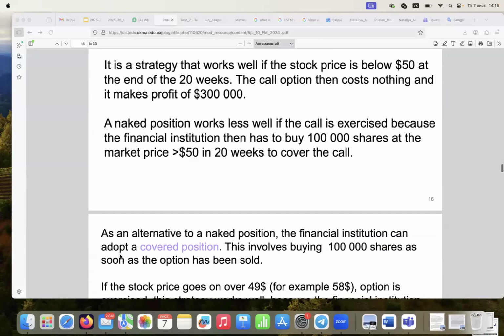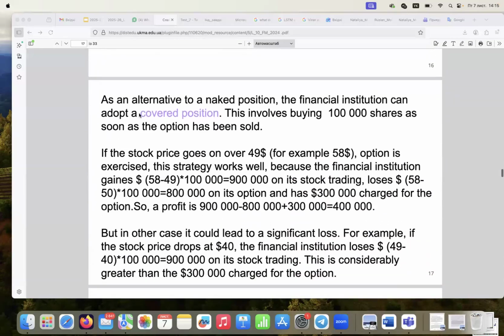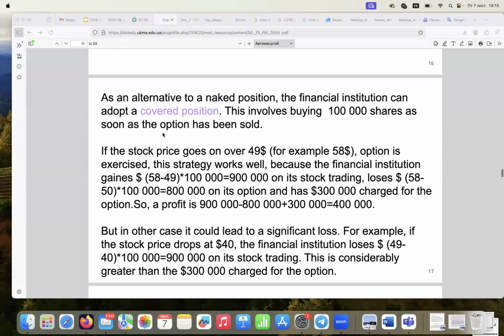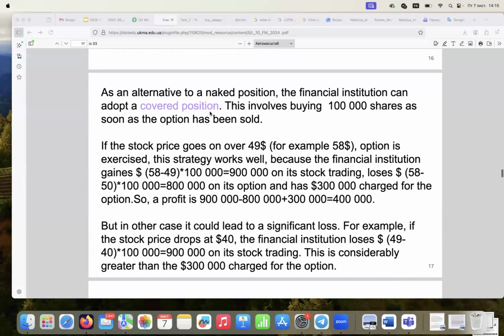Okay, maybe the next example is a covered position. A covered position we can consider like a hedge, because a covered position involves buying 100,000 shares. So we are the financial institution, and we buy 100,000 shares as soon as our option has been sold.